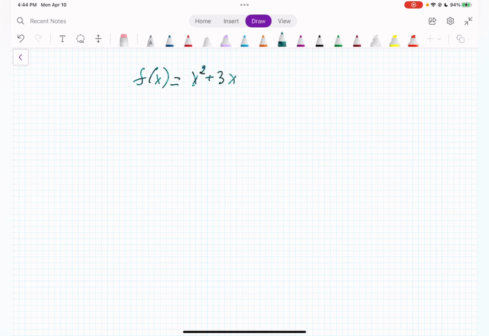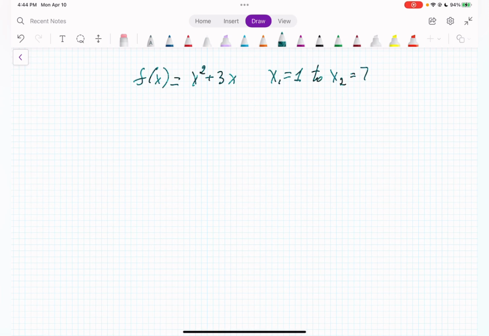And we need to find the rate of change from x1 equal to 1 to x2 equal to 7. So an interval between 1 and 7.